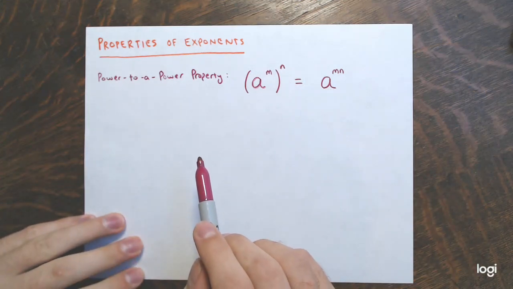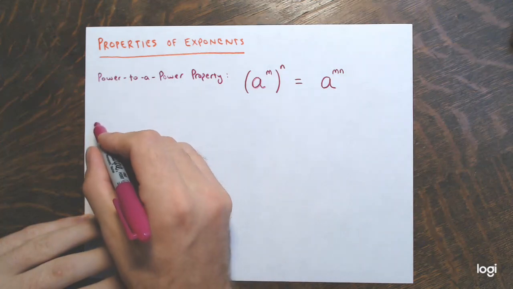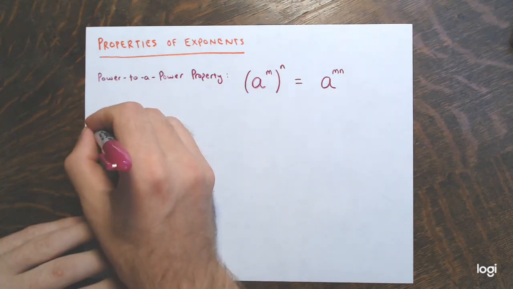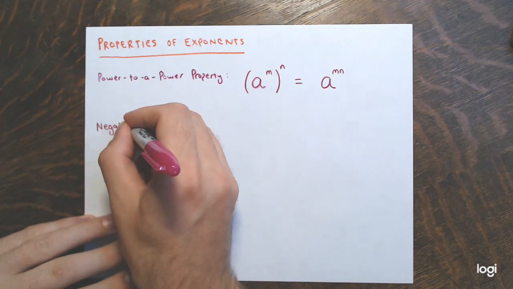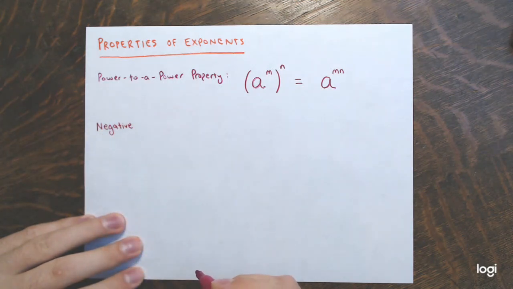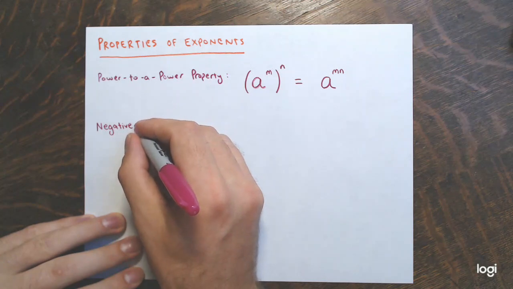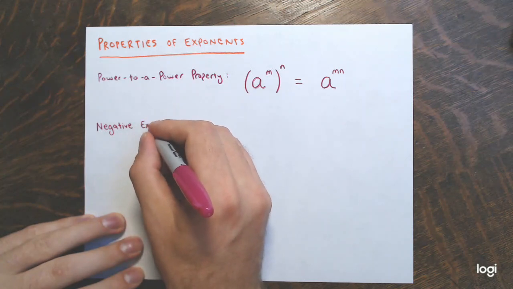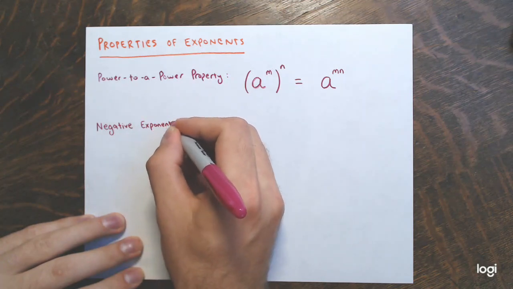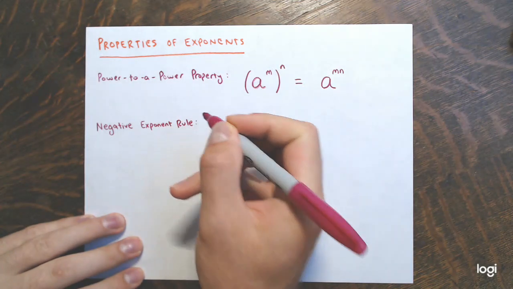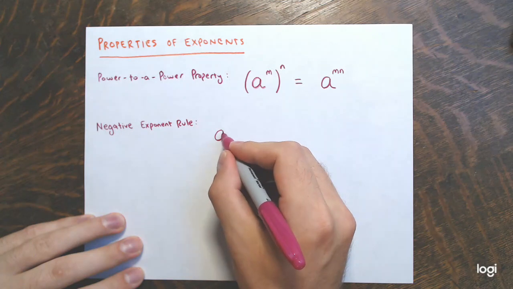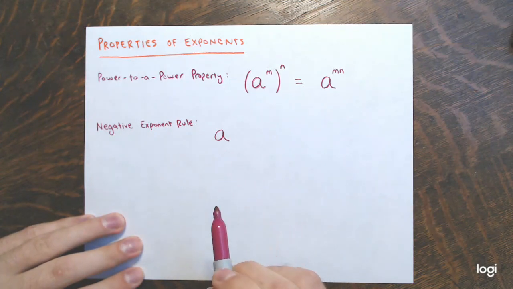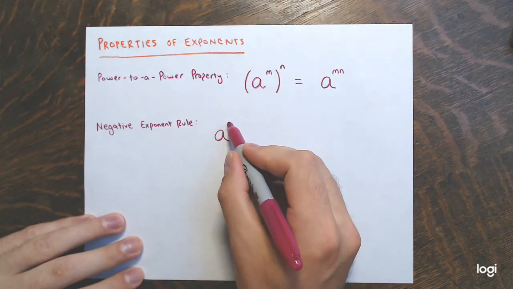Another property that's going to come into play is a negative exponent rule. We're not going to come across this until the last couple examples in my video here. But the negative exponent rule, that is, if I have some base, again I'll use a, to a negative exponent.